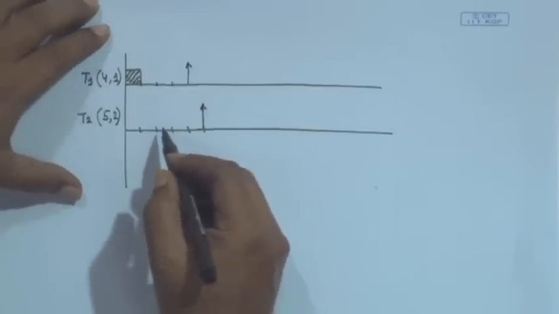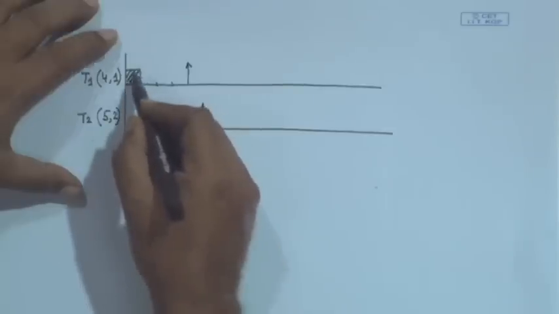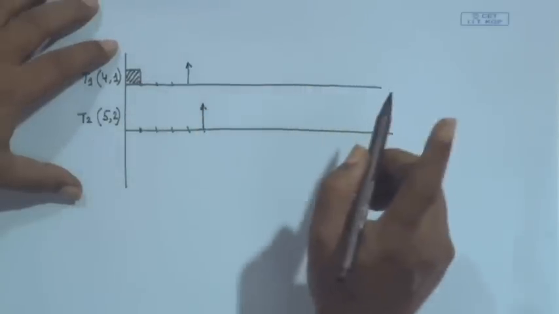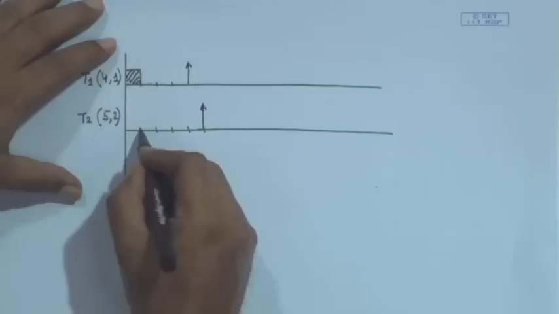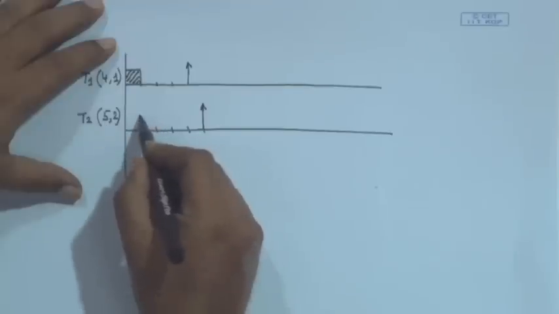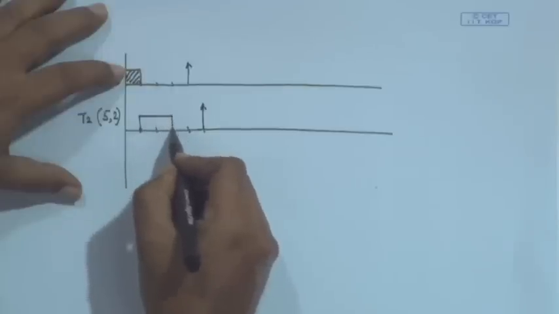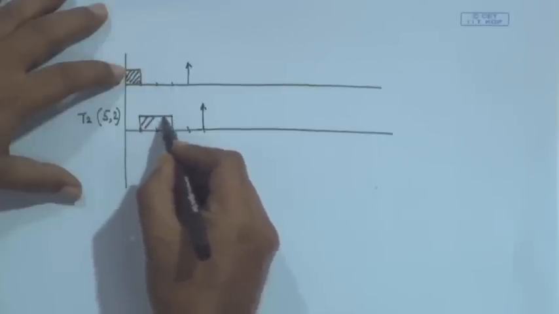Now, the second task will start from this point onwards, because I am assuming, by the way, a single processor. Therefore, this task will start and its priority is highest. So, it will take 2 units of time and will run here.